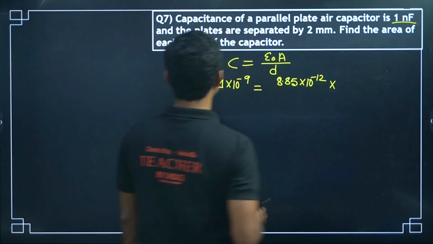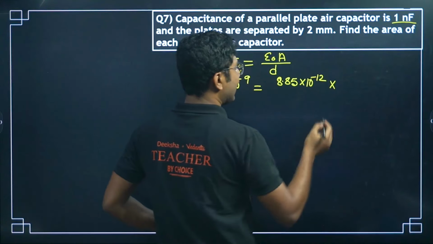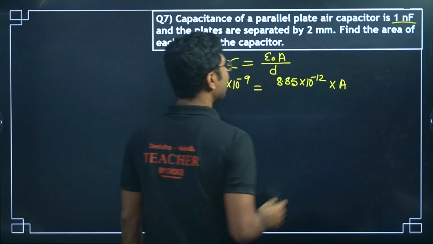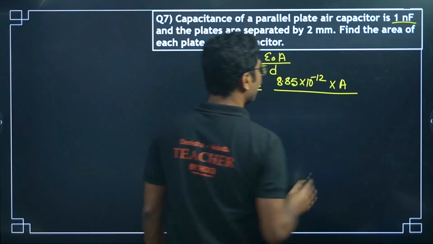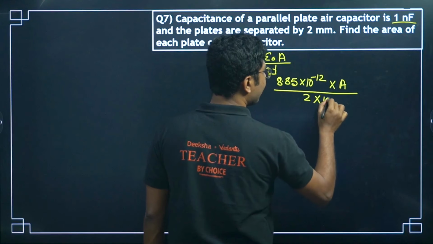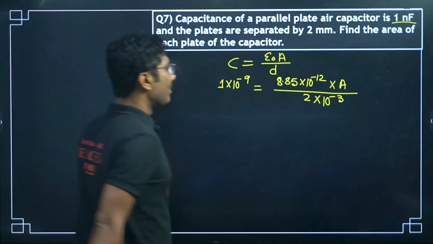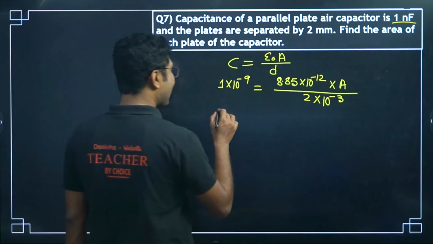And area is what we are trying to find, the area of each plate of the capacitor. And the distance is given as 2 millimeter. Millimeter means 10 to the power of minus 3. So, what is the area?